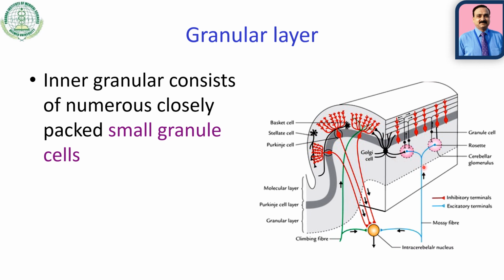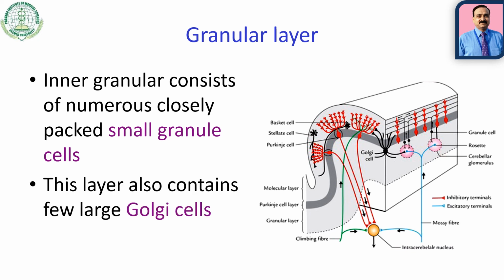The fibers which are coming, that is, mossy fibers, then dendrites of the Golgi cells, and these connections are called rosette formation. This layer also contains few Golgi cells. So you can see here this is a Golgi cell and this is a small granule cell.